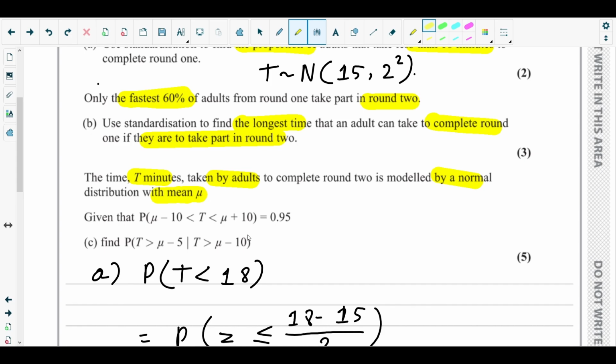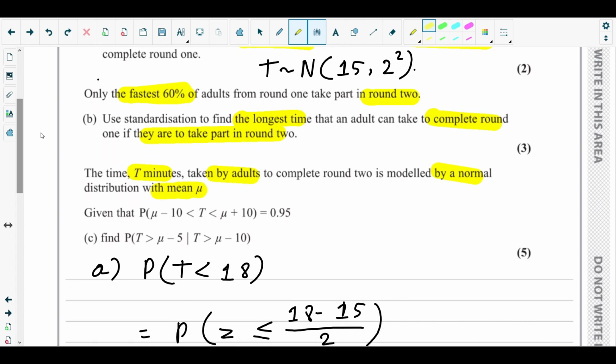Okay, so the time t minutes, this is a different distribution, meaning the variable is different here. Though previously we considered capital T also, now it has overlapped, so don't consider the same. The mean and standard deviation for the second round are totally different from those of the first round.